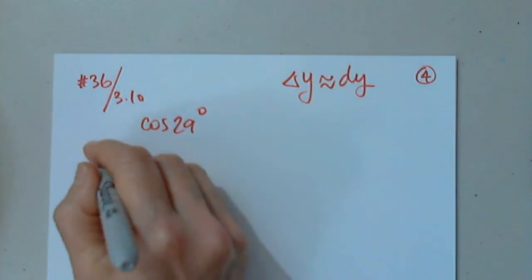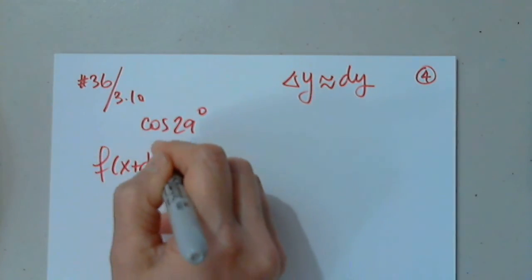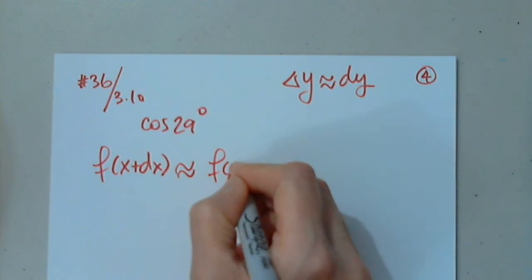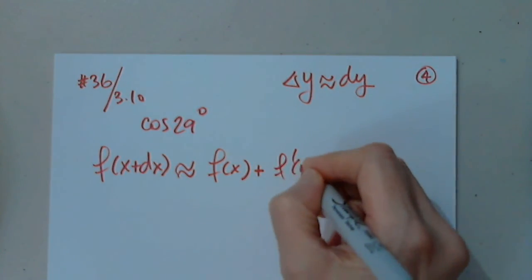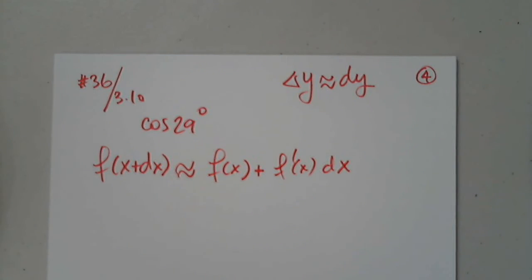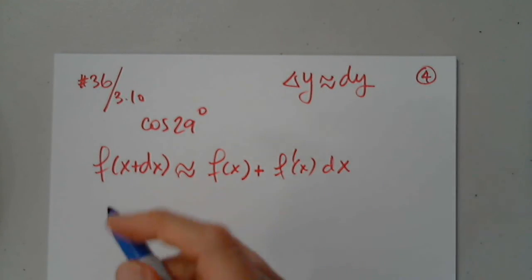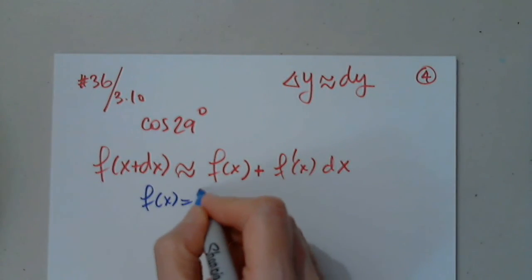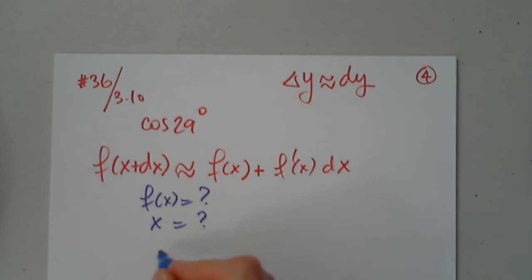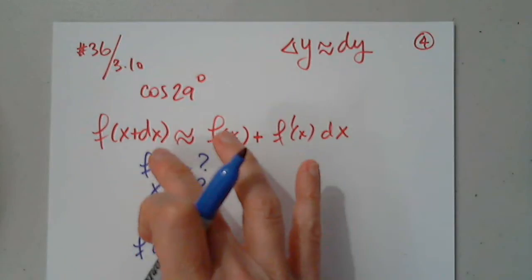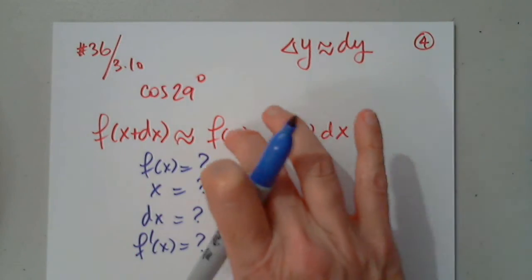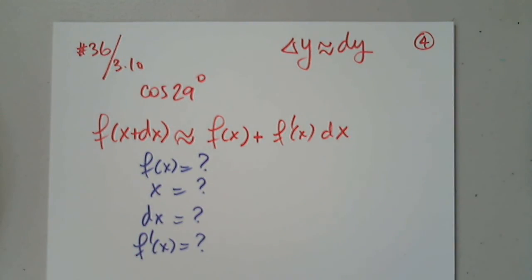From here we build f of x plus the error is approximately f of x plus dy, which is f prime of x dx. So remember in this situation, what we have to determine is f of x, x, dx, and of course eventually f prime of x. Once I have identified all these, all I have to do is just plug it in and get a number.